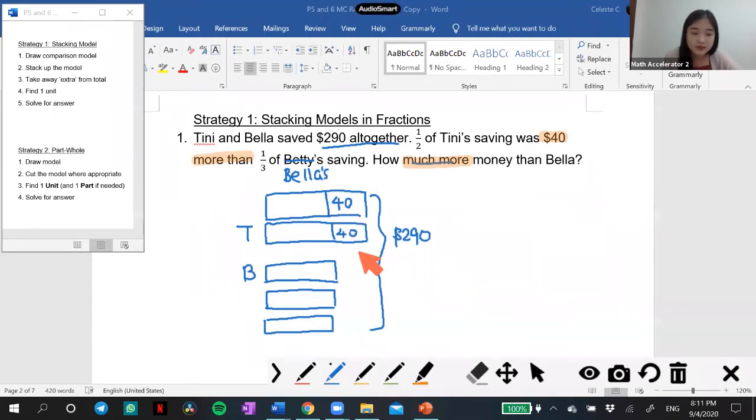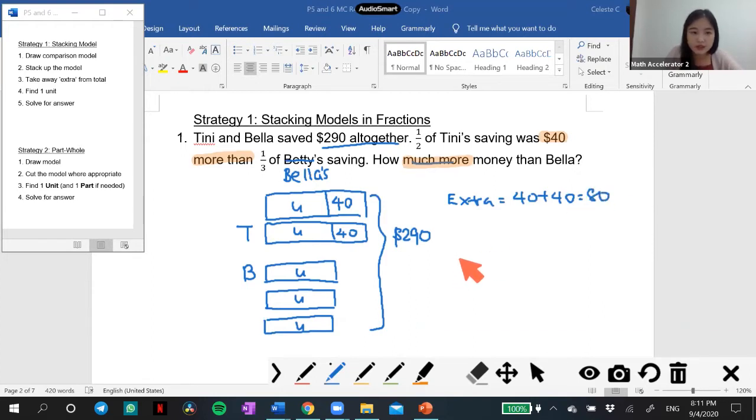Yes, okay, so some of you are already telling me the next step. Right, so you have all of these equal units here. Take away the extra $40 here. So the extra here, we have $240.